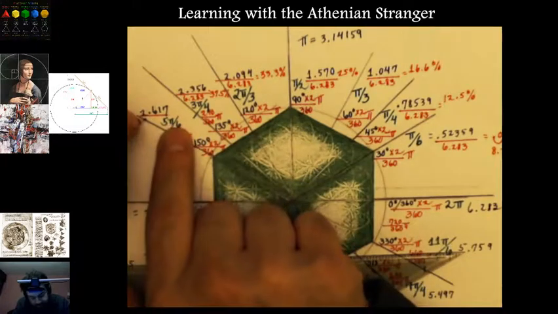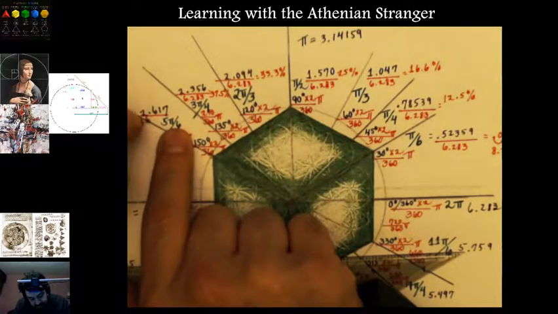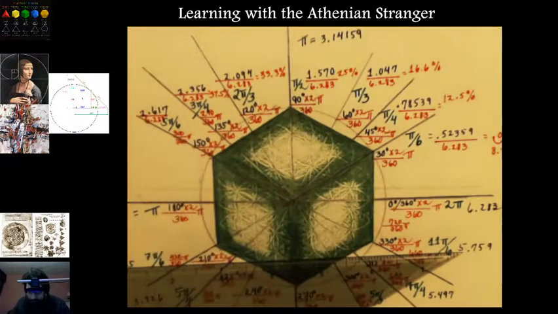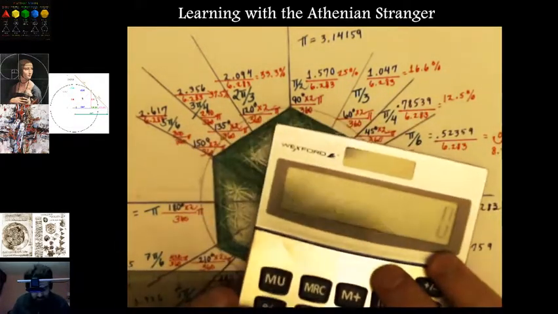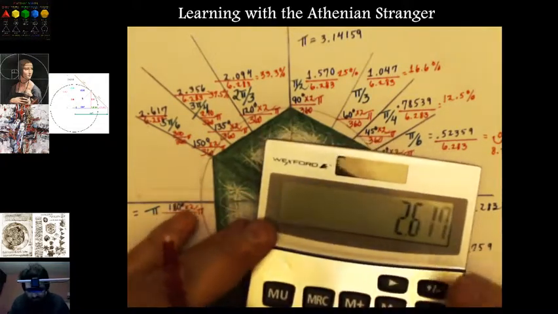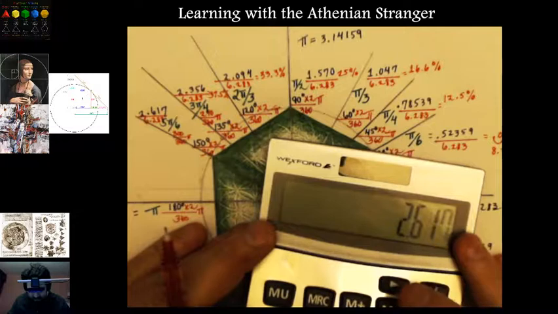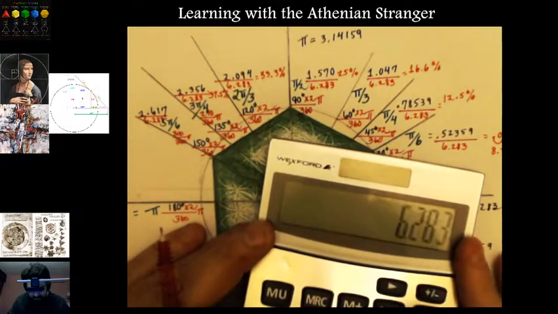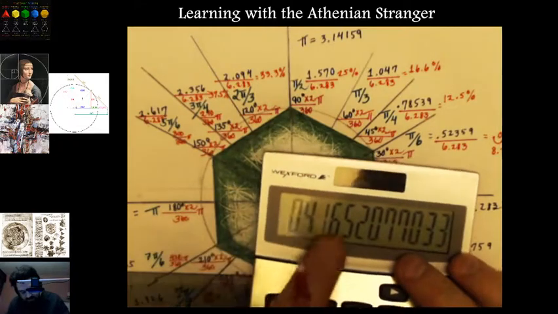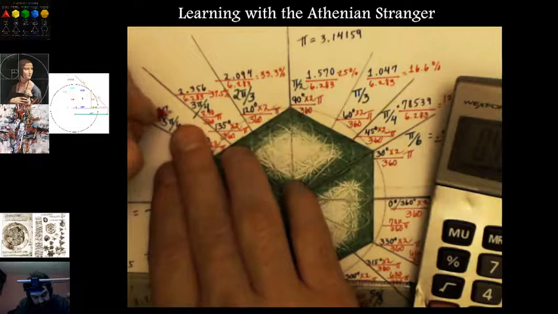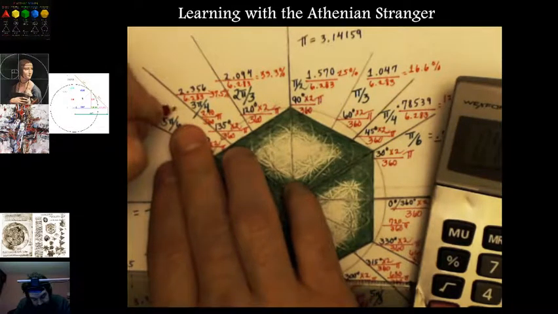So we'll divide by the total circumference here. Let's see what percent I get. 2.617 divided by 6.283. That's giving me 41.7% of the circumference.